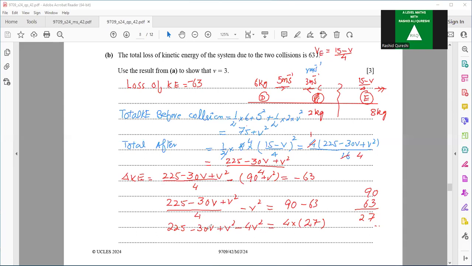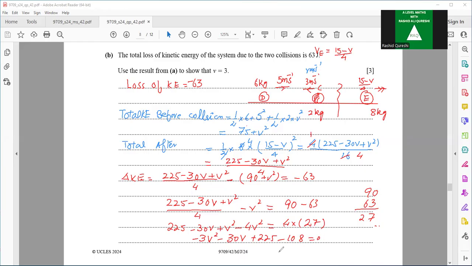When you simplify, you will get minus 3V square minus 30V, and so on.